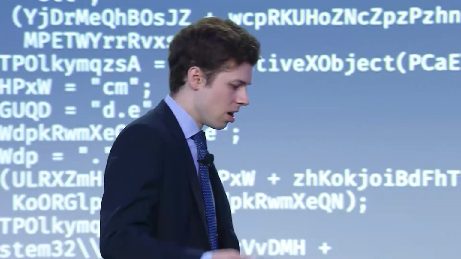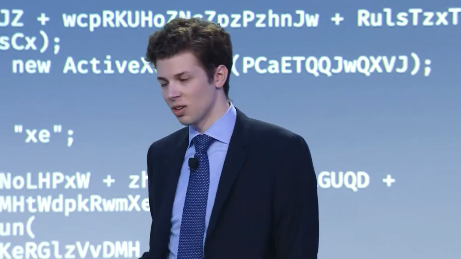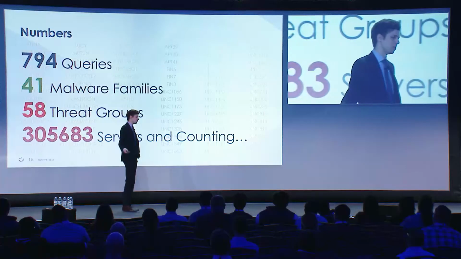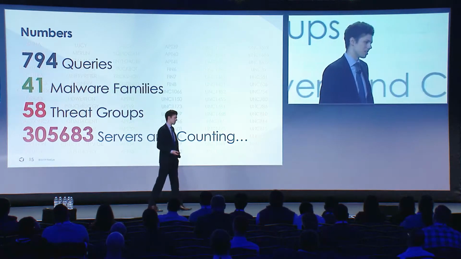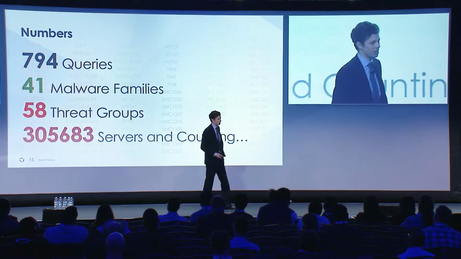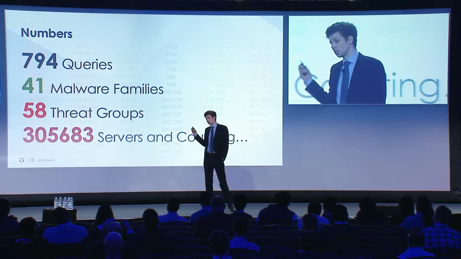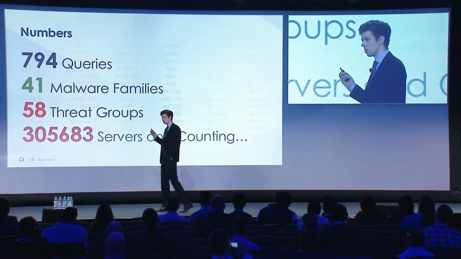Now, I could go on and on with examples all day. We got a lot of them. But let's look at the numbers overall. So we've been messing around with network scan data for about a year now. And these numbers are actually old already. I pulled these about a month ago.